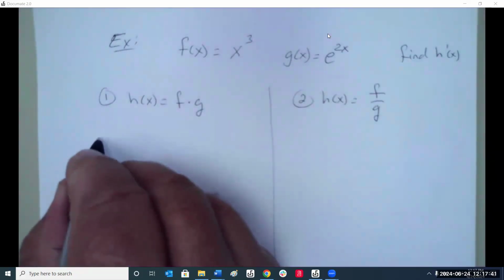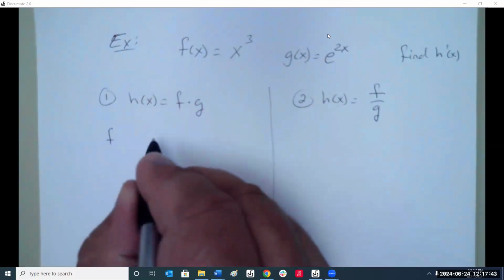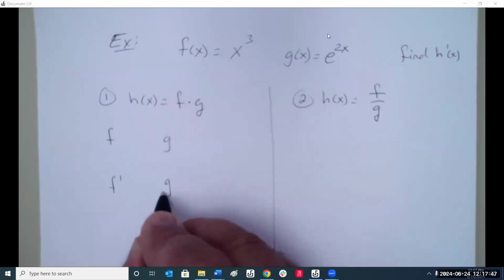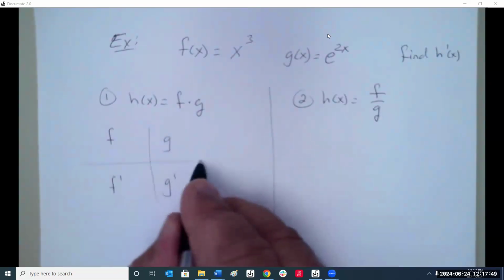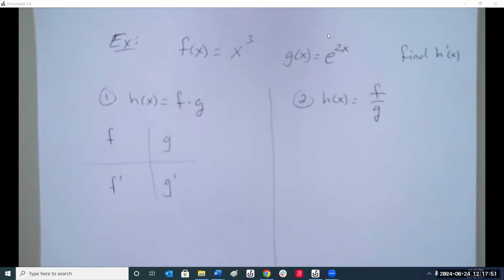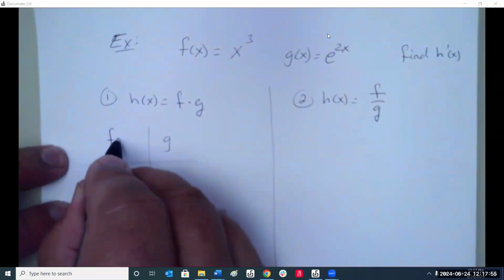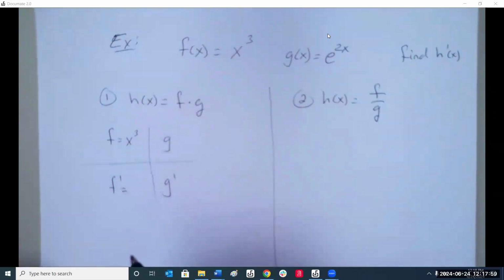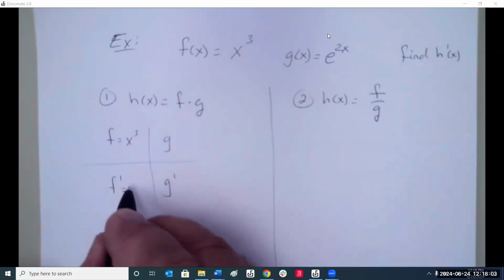So the first thing you have to do is do your F and G, F prime, G prime. So F of X is X cubed. What's F prime of X? 3x squared.